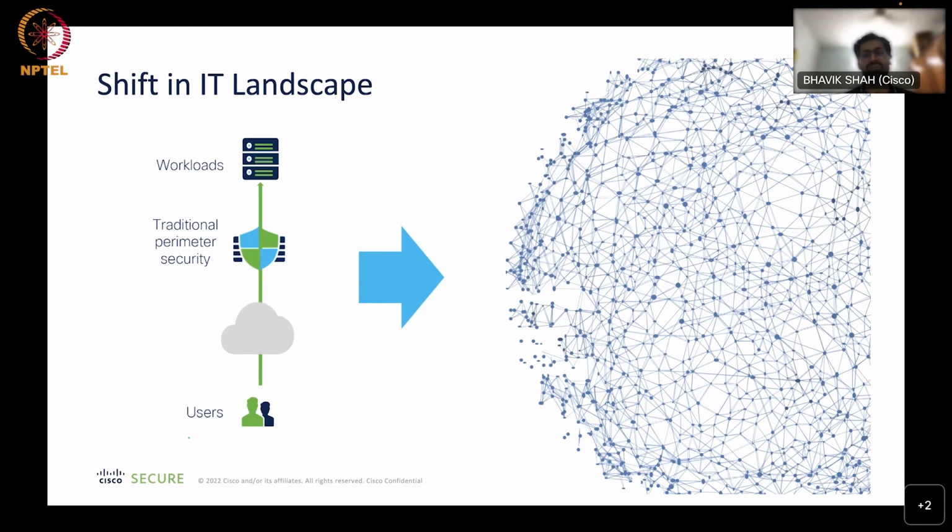As an individual, you would be carrying, say, four devices, be it your smartphone, your smartwatch, your laptop, or your iPad. You have so many devices because now you have the internet and can access any information from anywhere, which means your traditional perimeter security, where the scope was limited, has now expanded, right?